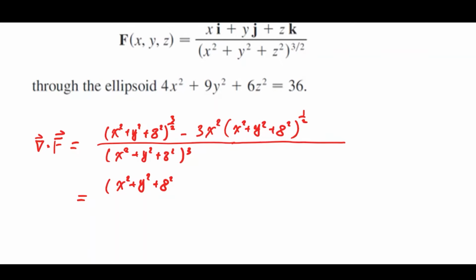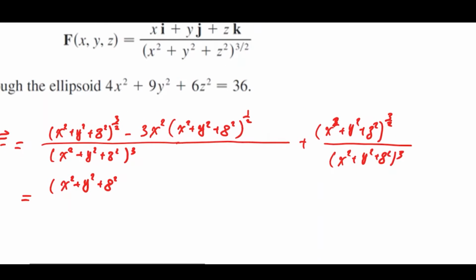Now we take a partial derivative with respect to y. Okay? So plus here, same thingy, x squared plus y squared plus z squared cubed, and this will be the same, x squared plus y squared plus z squared, 3 over 2. And then you will see this is very symmetrical.